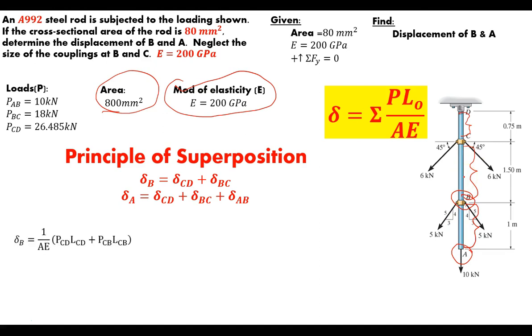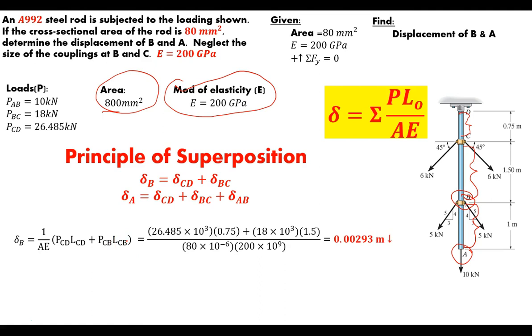So if we just start with segment B first, we have, again, a load, a length, a modulus of elasticity, and an area that's going to factor out, and then this quantity plus the load at CB that we calculated, as well as the length of CB, which we were given.